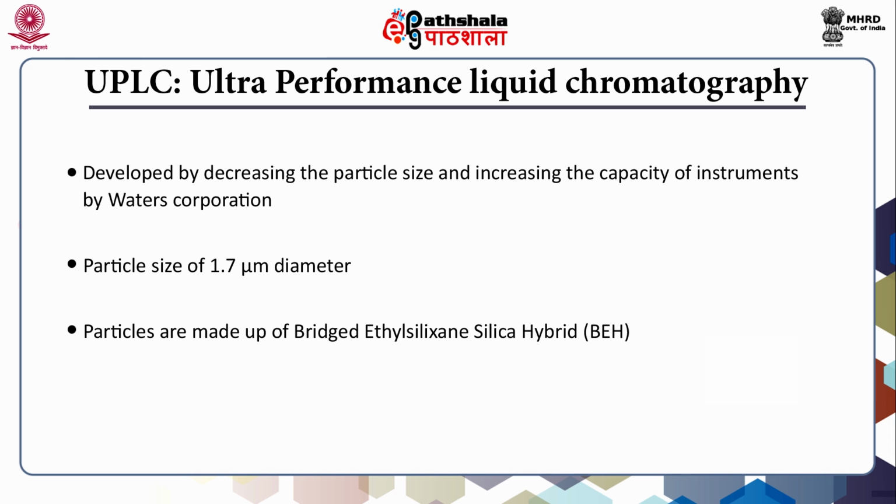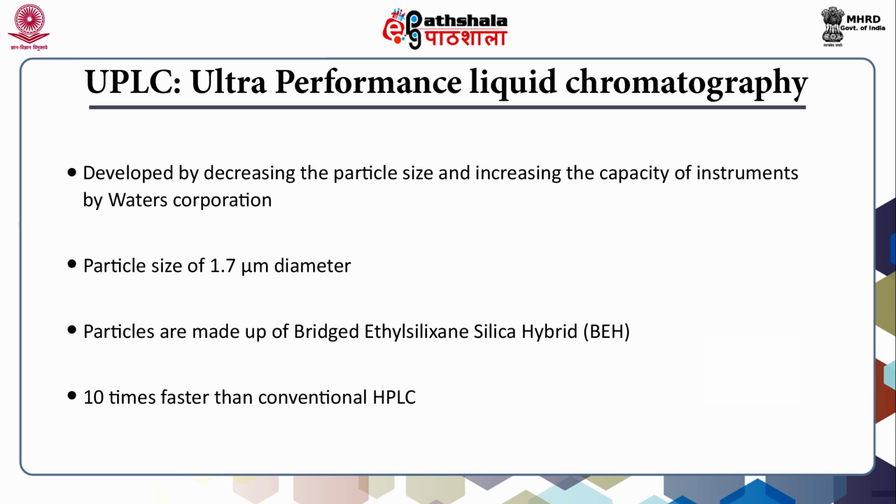The stationary phase particles are also made up of bridged ethyl siloxane silica hybrid. This particular material can withstand high pressure, and chromatography using UPLC is 10 times faster than the conventional HPLC.